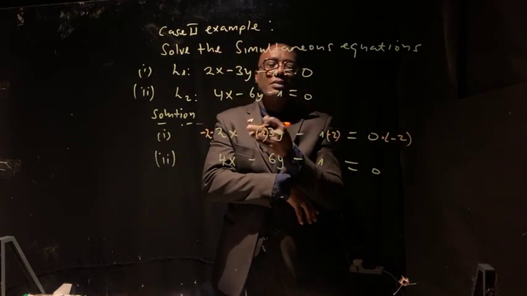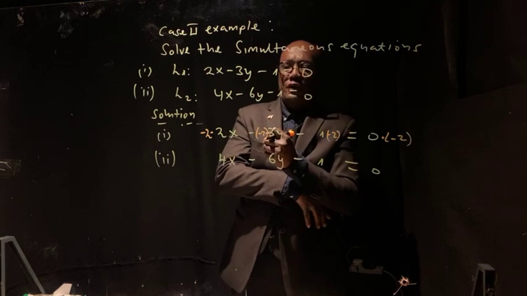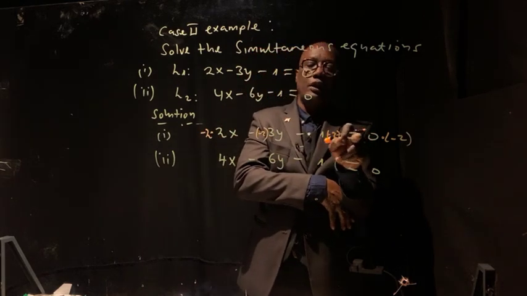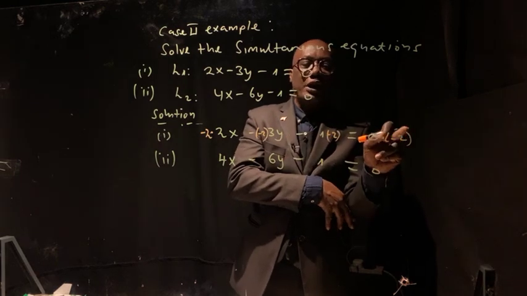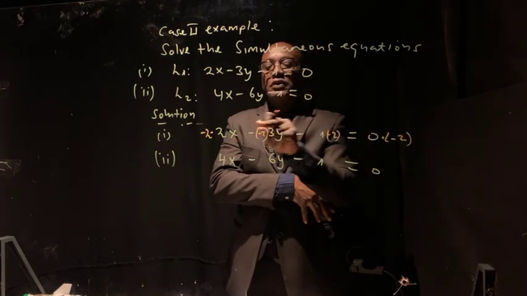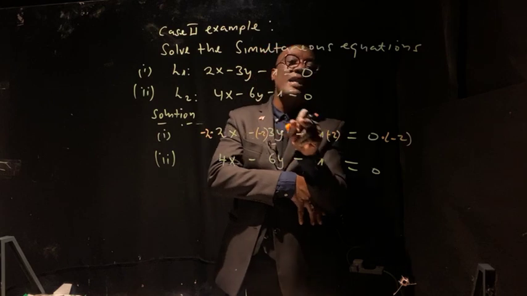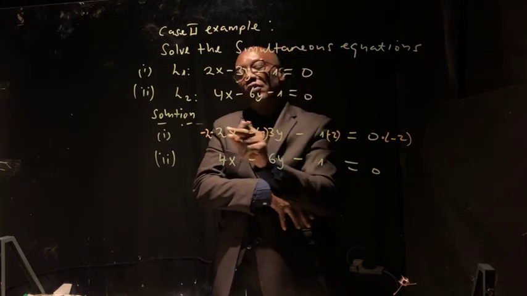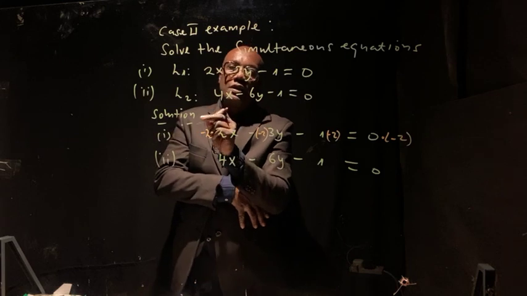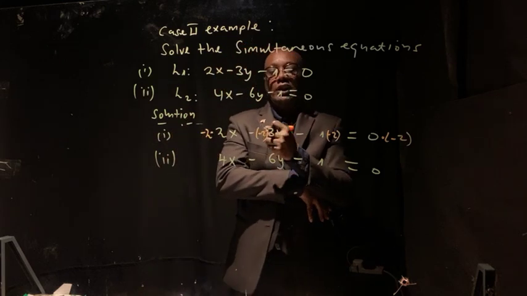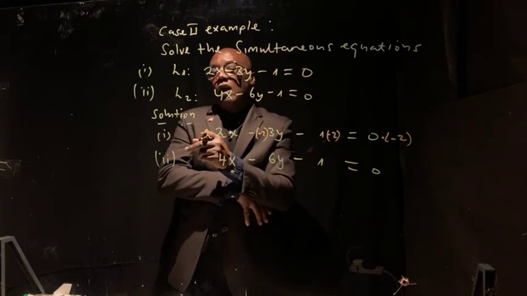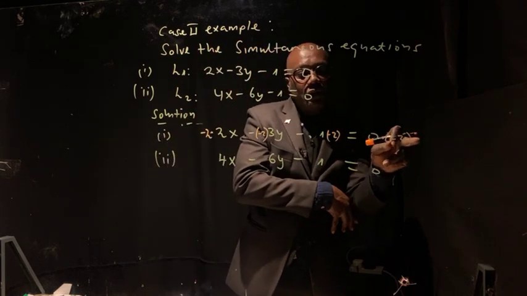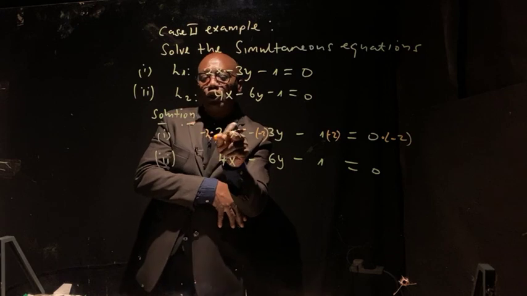This is a mathematical manipulation, logic. So equation 1 still remains the same as both sides are multiplied by minus 2.